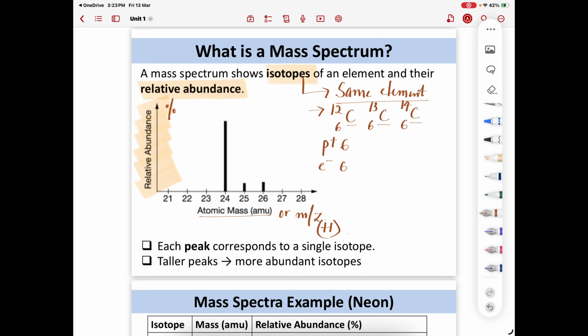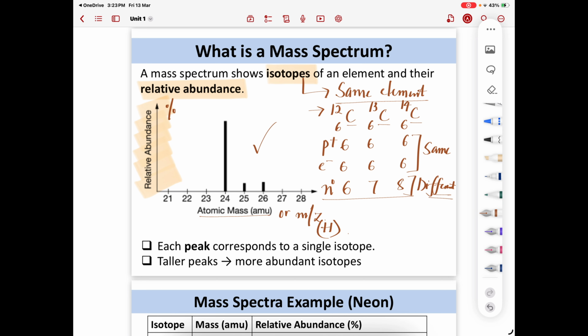They have the same number of electrons and protons, but when you calculate the neutrons, they become different. So this is 6, 7, and 8. Another definition: same number of protons and electrons, but different number of neutrons. That's called an isotope.